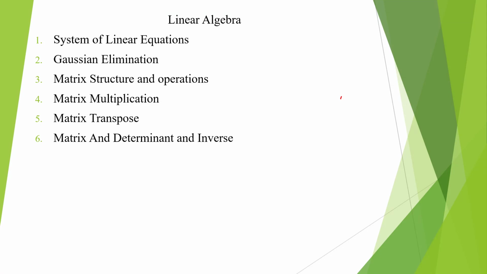And the sixth point, we talk about the matrix determinant and inverse. When you know the matrix, how can you find the determinant and how do you find the inverse of the matrix?